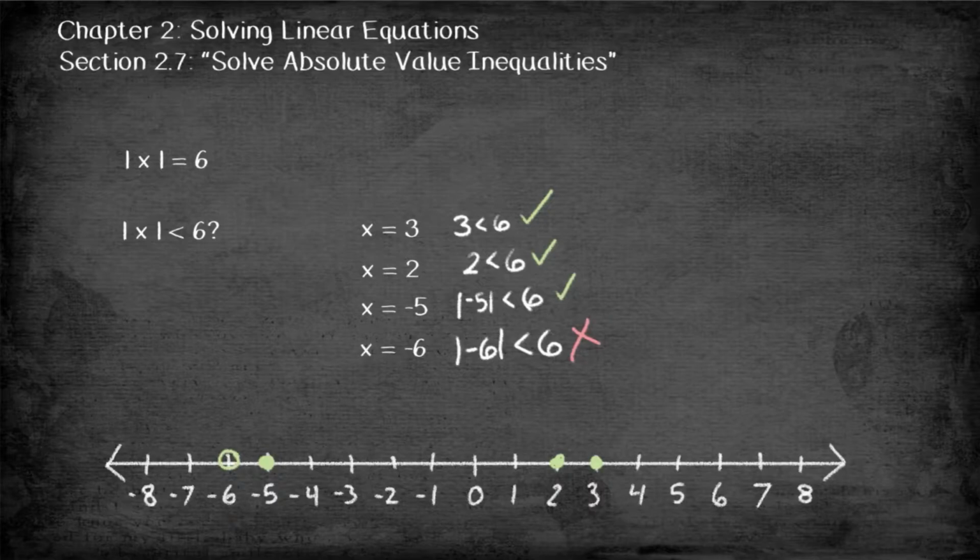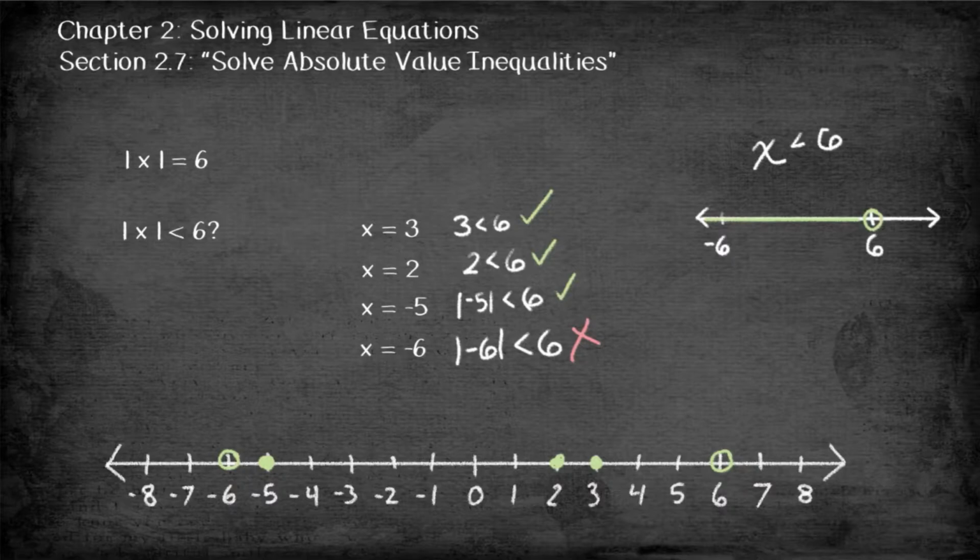No. Here's where the absolute value is important, because if we were just looking at the inequality x less than 6, then everything to the left of 6 would be a solution, including negative 6. So that's not happening here. The absolute value of the numbers has to be smaller than 6.